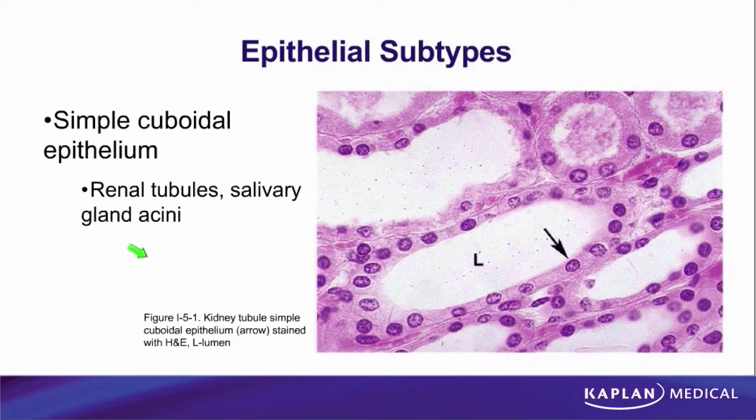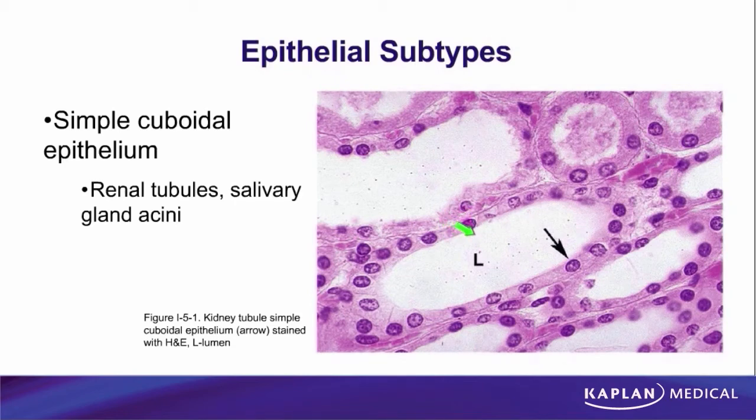So, for example, looking at this epithelium on this slide, here's the lumen, there's the basement membrane. We can see there's only one cell layer separating the basement membrane from the lumen, one cell layer. And so this would be a simple epithelium. And that cell that's at the surface is cuboidal in shape. It's about the same dimension in this direction as it is in that direction.